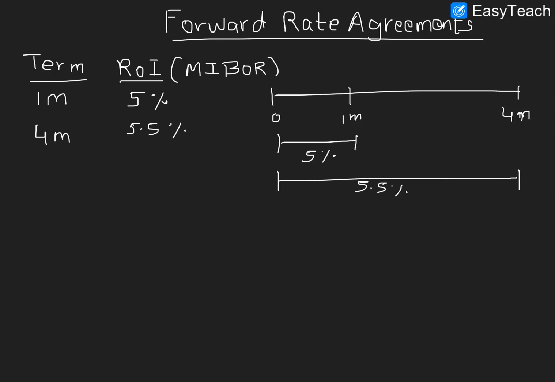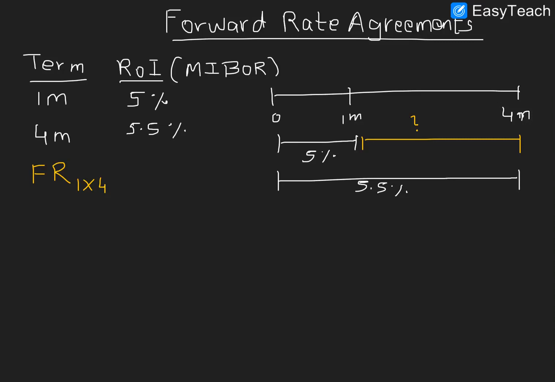Now I want to know the forward rate of 1/4, that is the rate for the loan or deposit beginning at the 1st month and ending on the 4th month. From the previous video we know how to calculate this rate, so let's first calculate it and then take the discussion forward.